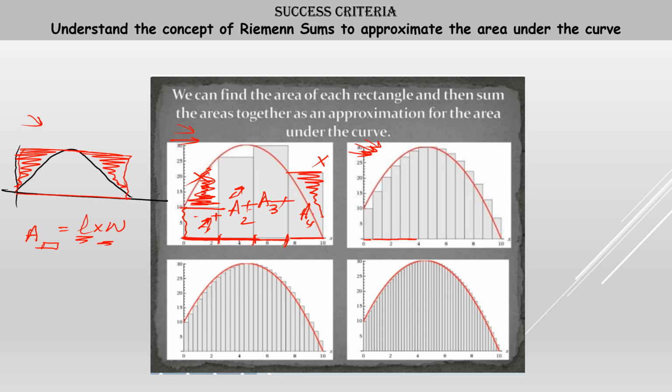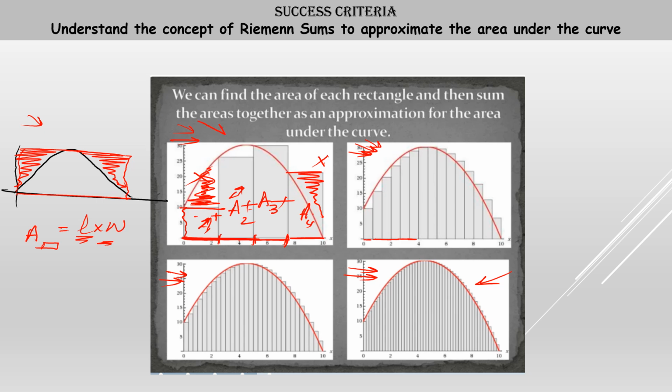Because the area is still not exactly equal to the area under the curve. So he practiced again and again by dividing the curve into many small rectangles. What have you seen? After dividing the curve into many rectangles, the area is minimized and the percentage of error is reduced.